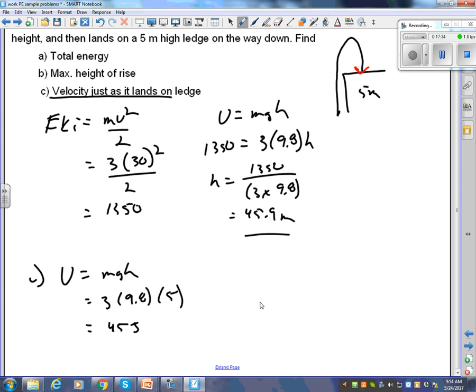Therefore, the kinetic energy is going to be, well, let's write it this way. ET, the total energy, is the EK plus the U. The total energy is the 1350. Oh, 147. How did I get 45? That was weird. Wrong.